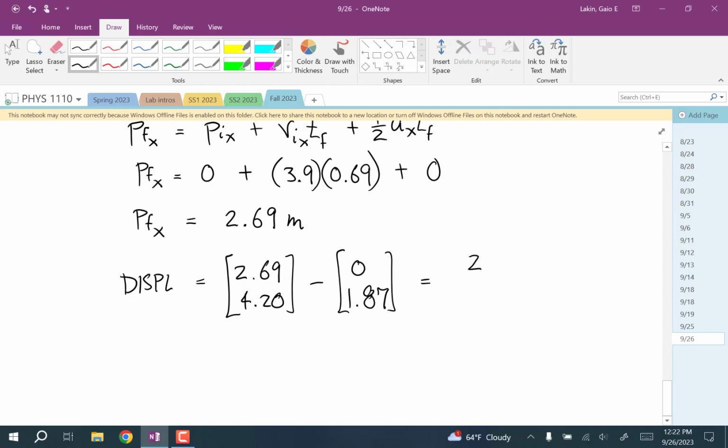And you get 2.69 for the x component and 2.33 for the y component. Okay? Any questions about that?